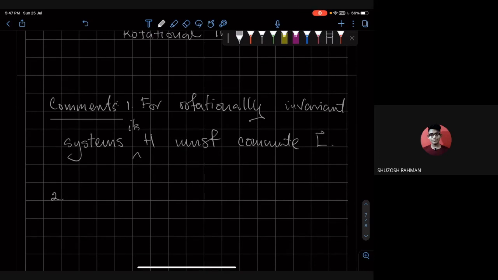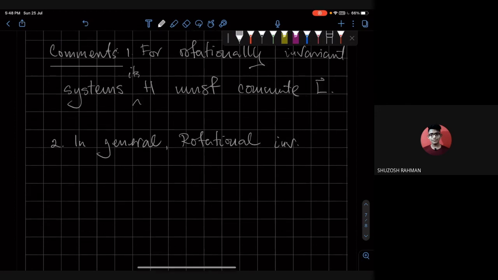And therefore, we can generalize that, in general, rotational invariance implies that H commutes with J. J can be L, or it can be S, it can be the sum of the two.